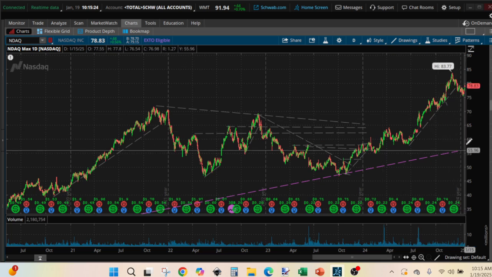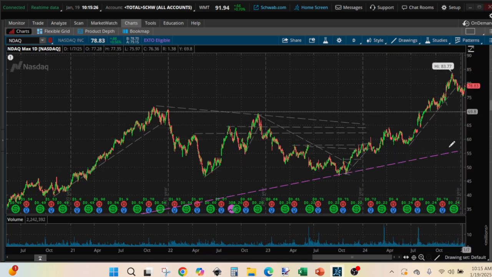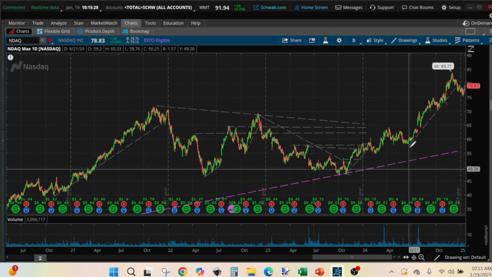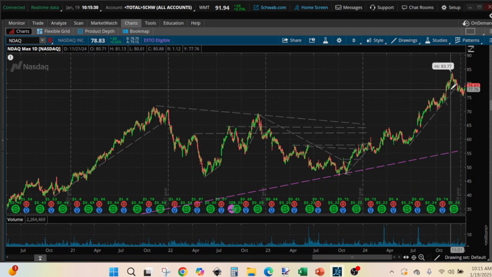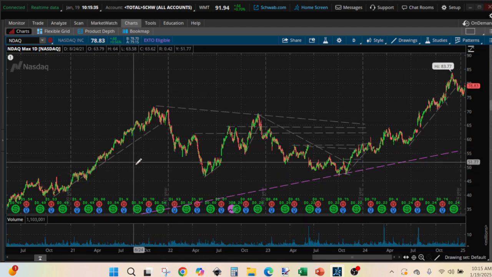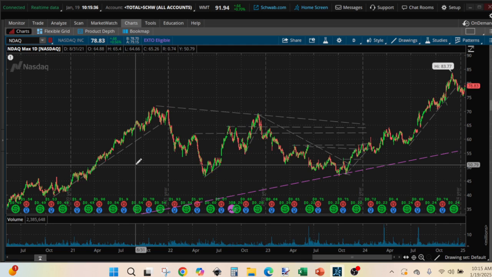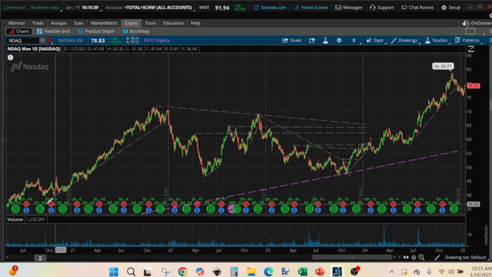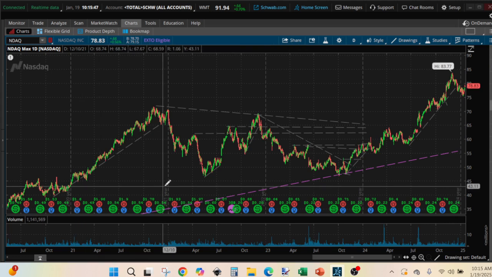When you are looking at it though, you will see this mountain forming here, on one side of the mountain, but it seems to be a pattern for this type of stock, because we do have this big mountain here as well, and this big mountain covered the whole year.